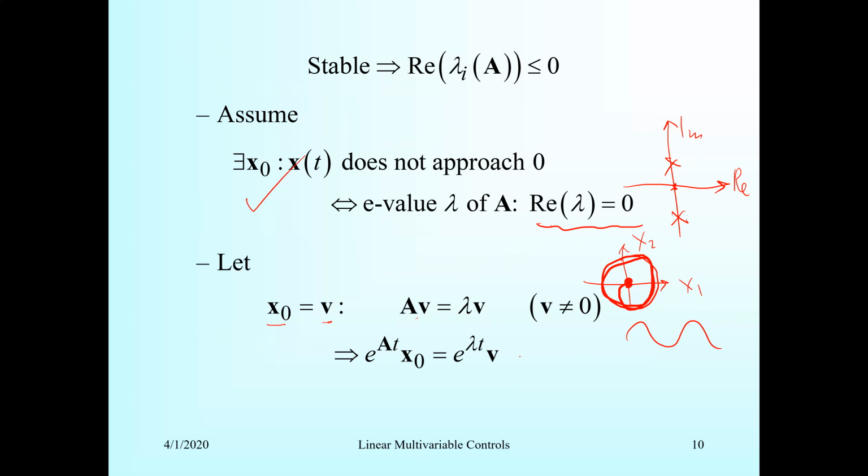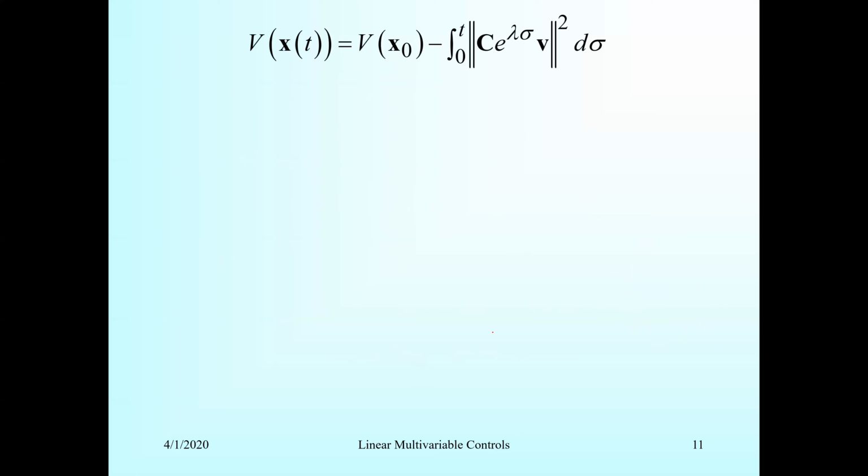So in this case, we can return back to the previous integration. We can write lambda t in here. This is a matrix. Then we can pull out this lambda sigma here.